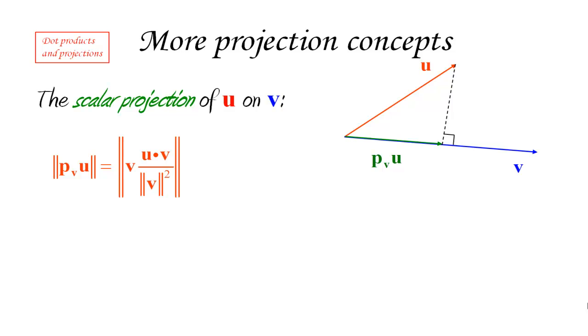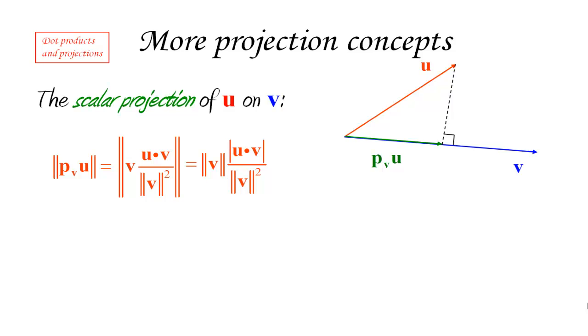Okay, so if we use the formula that we have just found for the projection, and we take its length, and we remember properties of the scalar multiplication of a scalar times a vector with respect to the length, we find out that this is equal to the length of v times the absolute value of u dot v divided by the length of v squared, which is already a positive number.